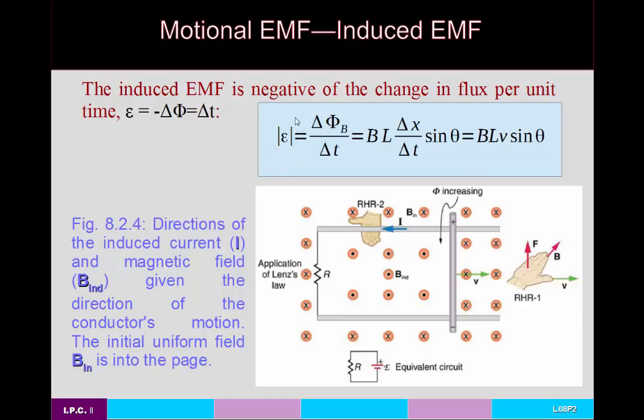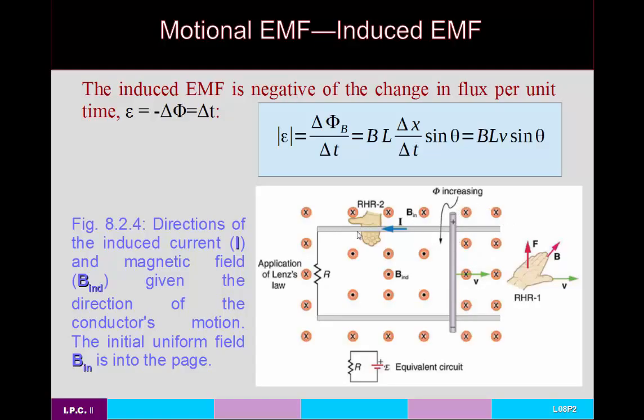So that means that the induced EMF is the magnetic field strength times the length of the conductor which is moving times the speed at which the conductor is moving times the sine of the angle theta between the velocity vector for this moving conductor and the magnetic field vector.